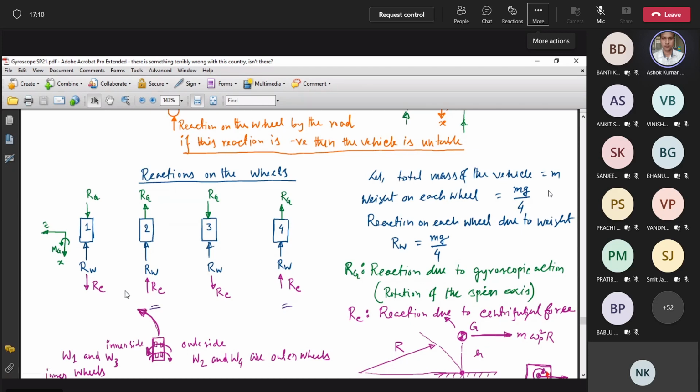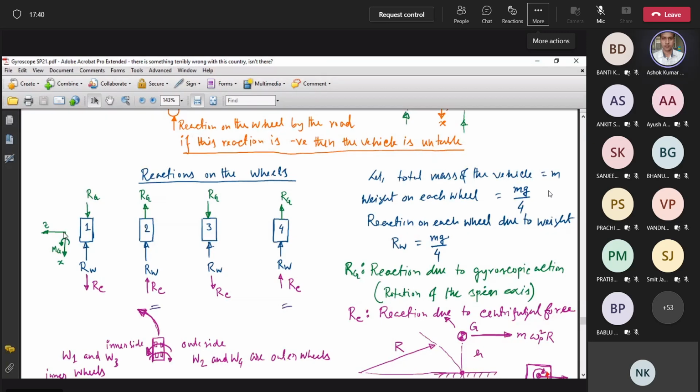That means this axis is having a rotation about some vertical axis. Due to that rotation, the angular momentum vector is changing its direction. So there should be some applied moment. In this case, can you tell me what should be the direction of the applied moment for one set of wheels, 1 and 2?